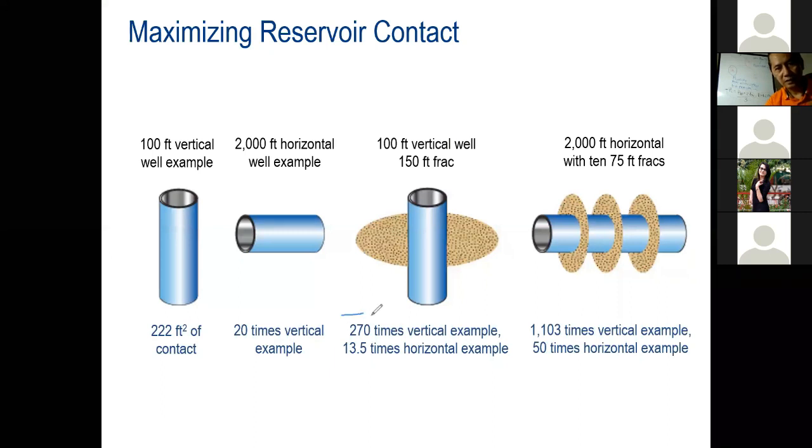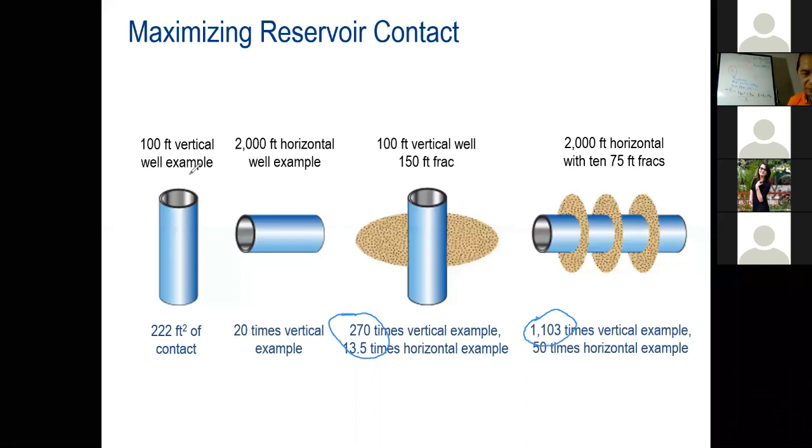So when you have a vertical well and you frac it, this is 270 times the well without frac. Okay, this is the contact area. And when you have this horizontal plus multiple stages of frac, then you actually have 1,100 times your vertical well without frac.